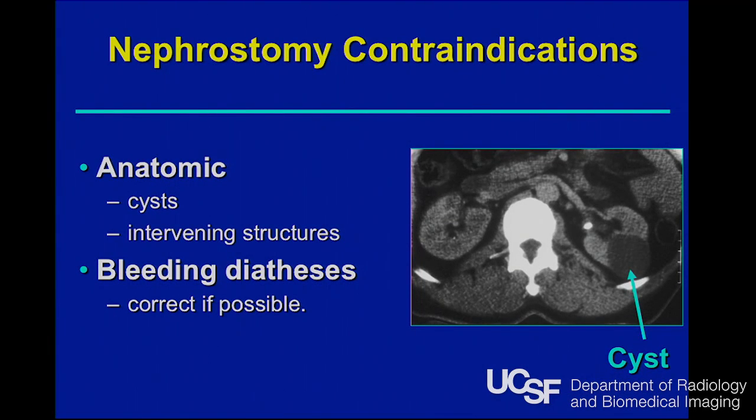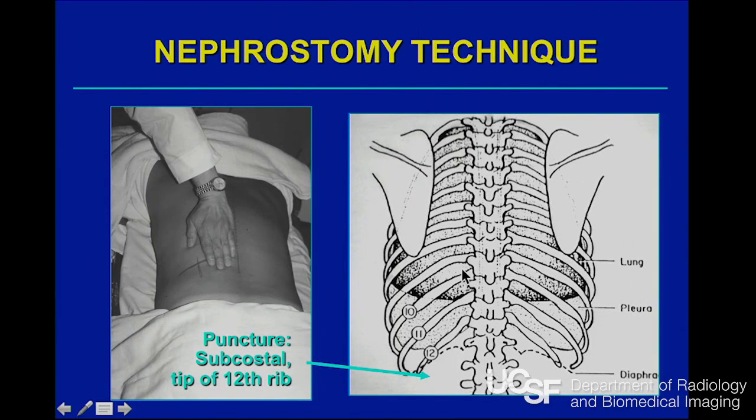Again, contraindications, not a whole lot, mainly anatomic. So for instance, if there are cysts or intervening structures, colon can come into play when you're planning a nephrostomy tube, because it can be intercalated between the abdominal wall and the kidney, and so that's one structure to watch out for. Bleeding diathesis certainly has to be corrected as well.